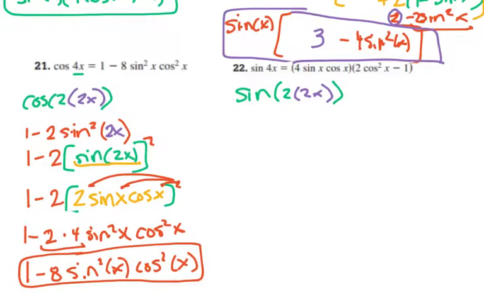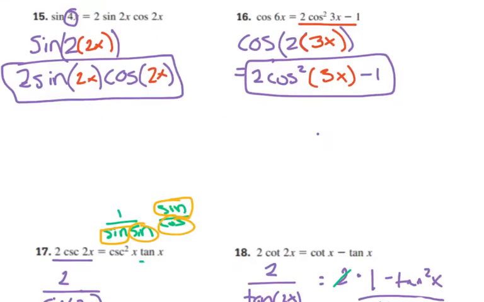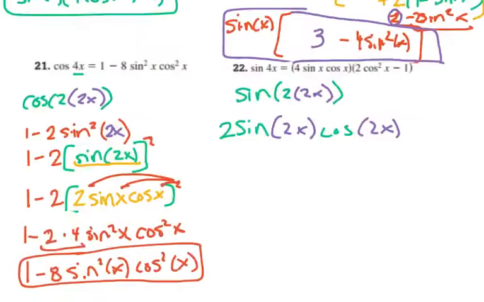The interesting part about that is that this is actually bringing us back to our first problem that we did, and so we end up with 2 sine of 2x and then cosine of 2x. That's actually where that first one wanted you to stop, but now we don't want to stop there. Instead, we want to continue on, so sine of 2x again is another 2 sine, but this time it's just of the variable itself, and then cosine of the variable.